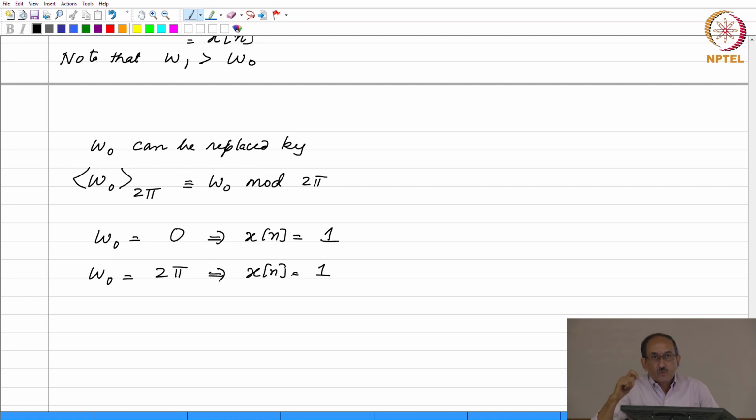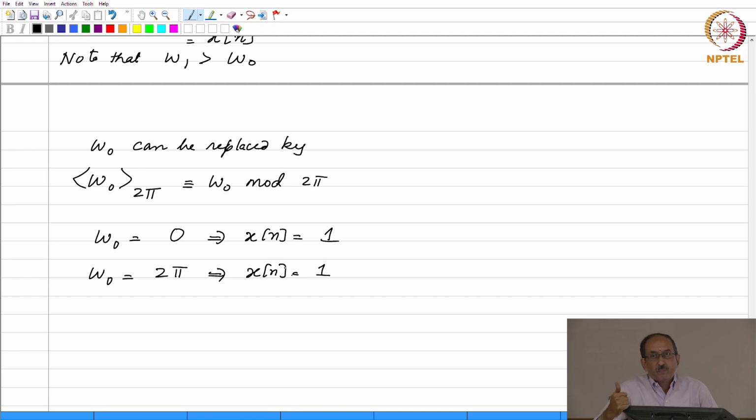So what we will do is look at a simple real valued sinusoid. We will vary the frequency of oscillation from 0 to 2 pi, and then we will see how the oscillations vary. Do they increase? If they do increase, then it appears that you will have to have a maximum rapidity of oscillations, because when you keep on further increasing omega naught, when you hit 2 pi you will have to get back the same DC sequence.